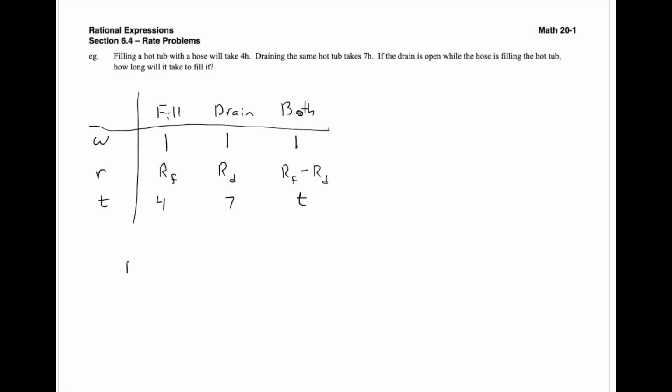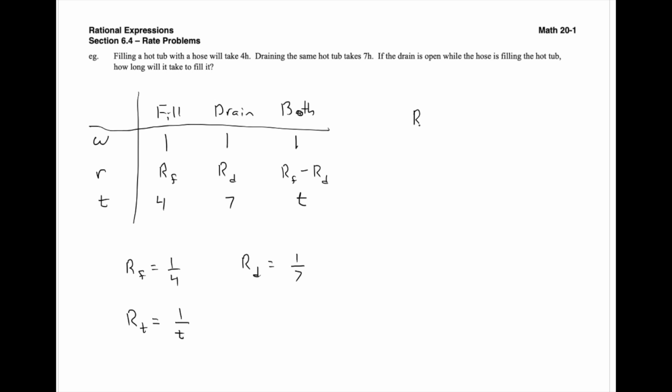Now we do know that the rate at which it's being filled is just going to be 1 over 4, and so that's just the 1 tub over 4 hours. The rate at which I'm draining is going to be 1 tub over 7 hours, and then working together, the rate will just be 1 over that unknown time. So what I can do here is I can just set up my rates.